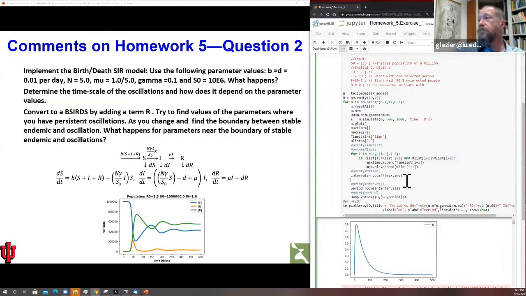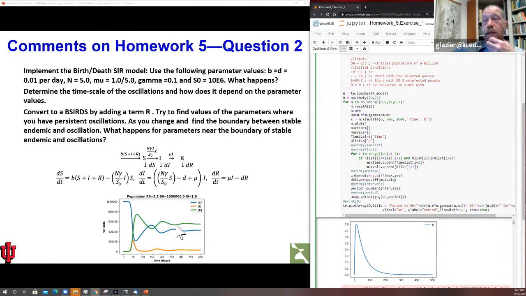I can do, I don't know, peaks deltas equals np dot diff of max vals.